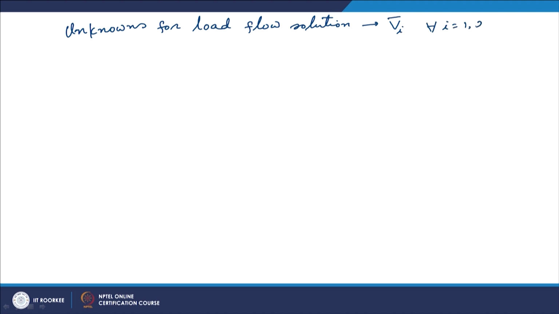So, in polar method, we have already discussed that our unknowns for load flow solution are actually the complex voltage V I for all I equal to 1, 2 to capital N, where N is the number of buses in the system.